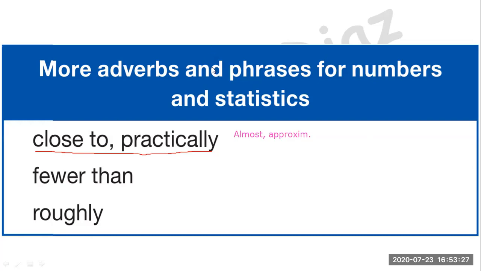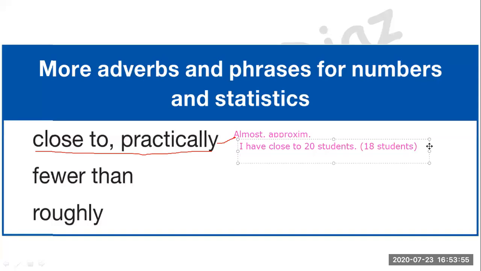If I say I have close to 20 students, that means that maybe I have 18 students. It's the same as if I say I have almost 20 students.